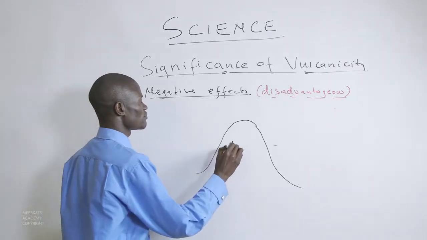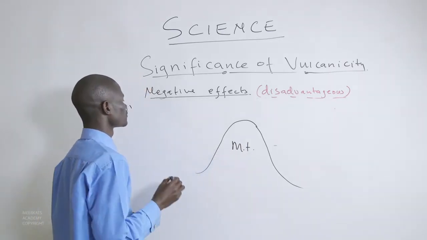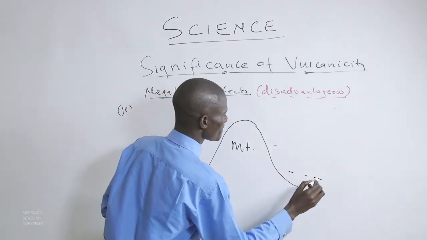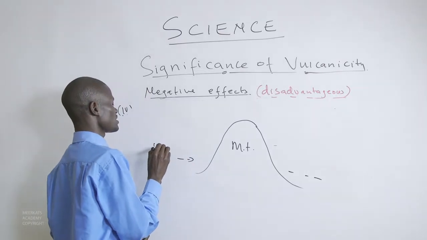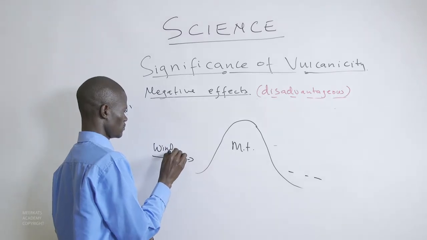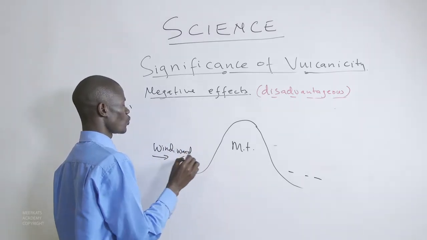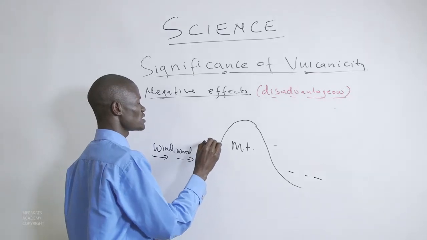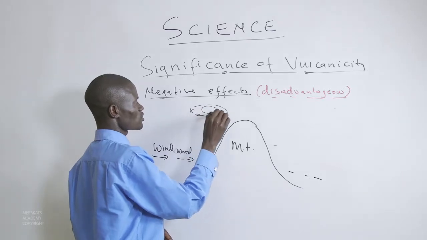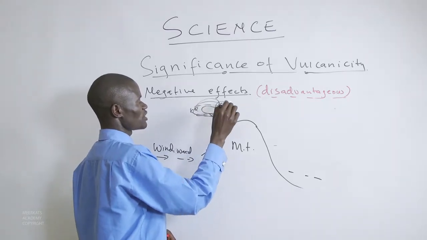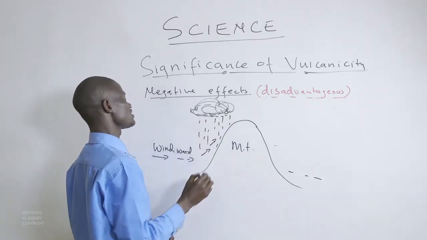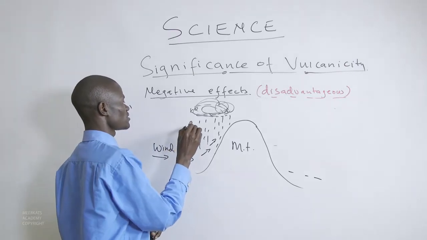This is just to represent the mountain, and the mountain has 2 sides. This is the windward side, where there is warm, moist wind. When this warm, moist wind rises because of the altitude, there will be formation of clouds, which will bring what? Rainfall. This type of rainfall is referred to as relief rainfall.